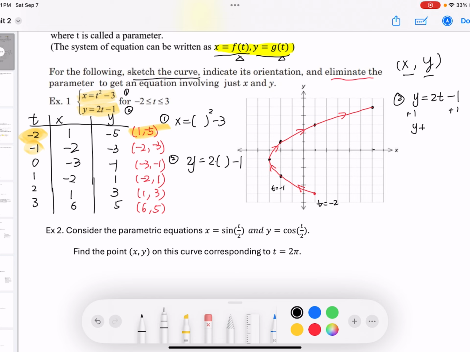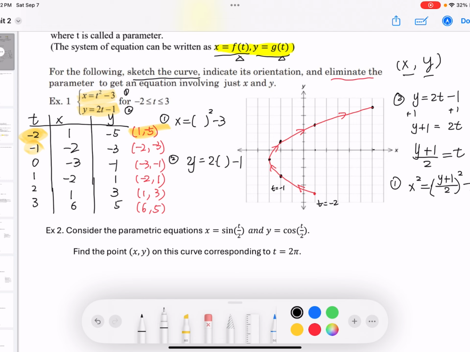y plus 1 is 2t, divided by 2. So (y plus 1) over 2 is equal to t. Now t is equal to (y plus 1) over 2. And then bring the t value into the first equation, x is equal to t squared minus 3. Now we have ((y plus 1) over 2) squared minus 3.